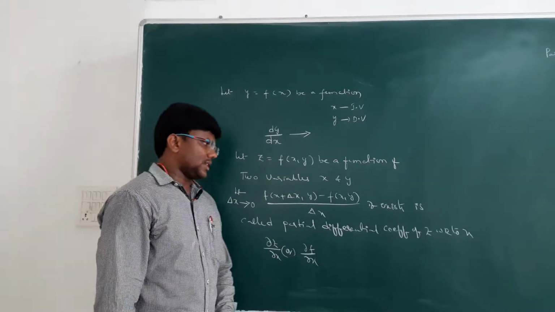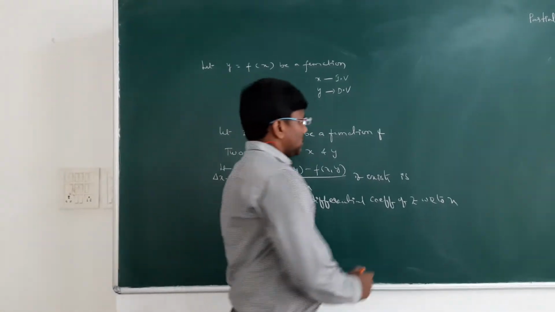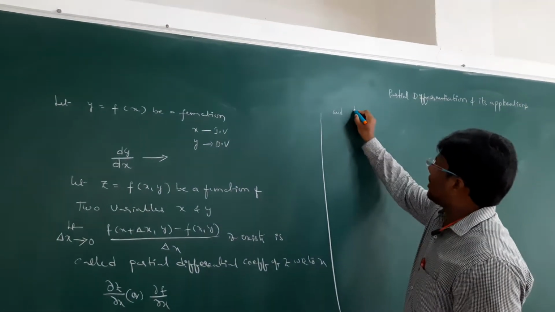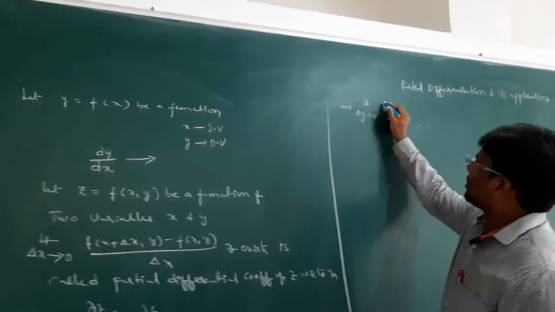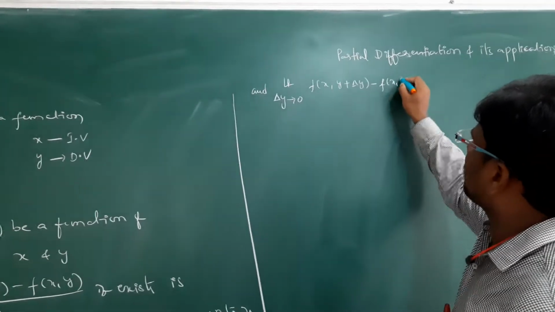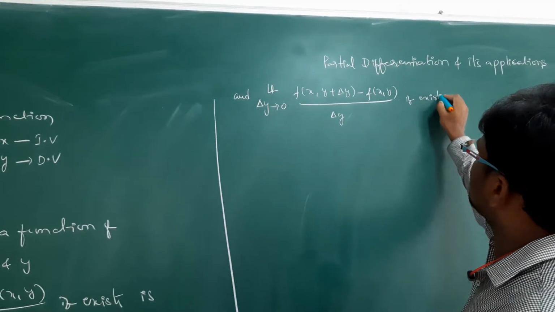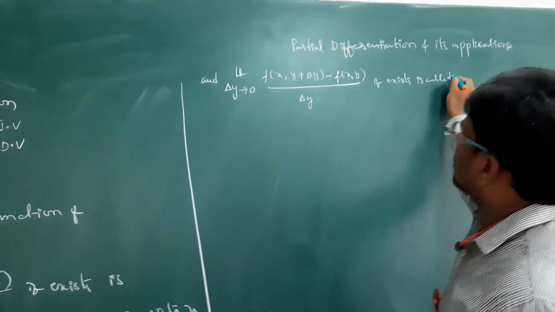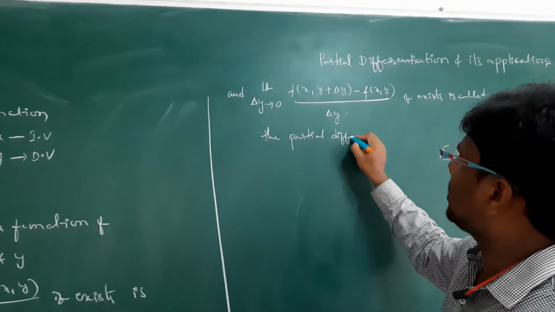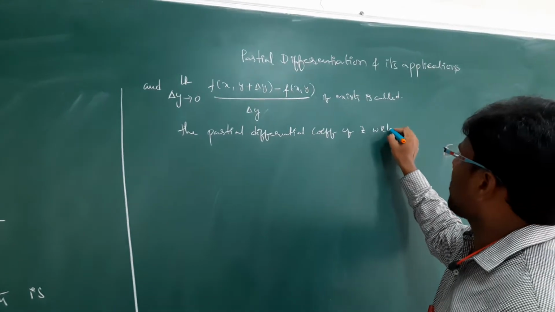Next, limit delta y tends to 0, f of x comma y plus delta y minus f of x comma y by delta y, if it exists, is called the partial differential coefficient of z with respect to y.